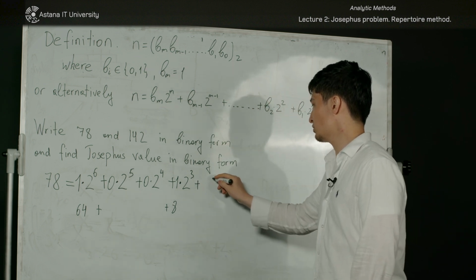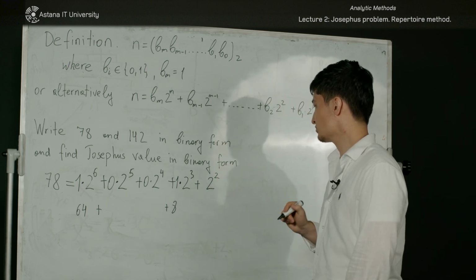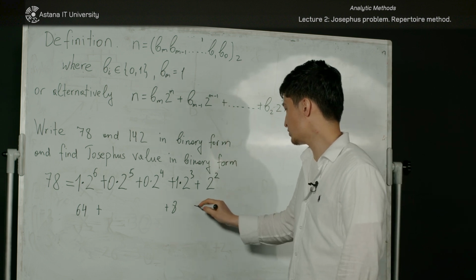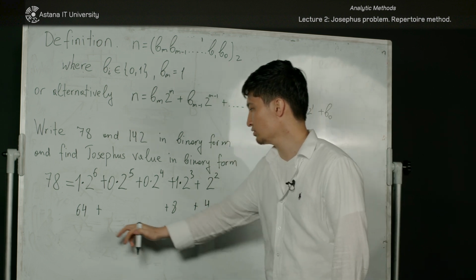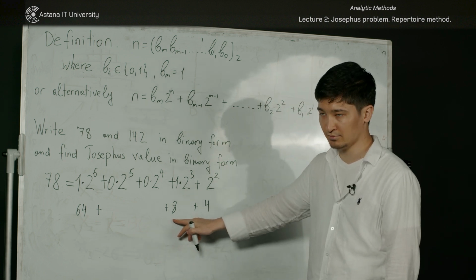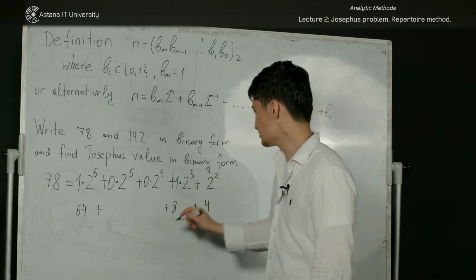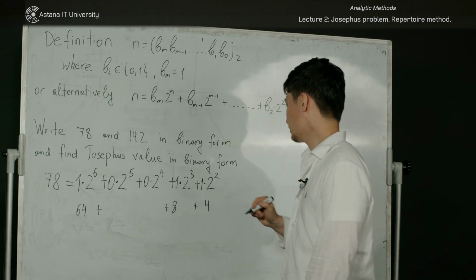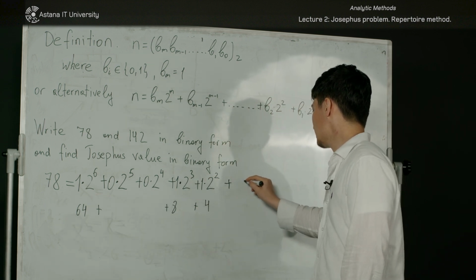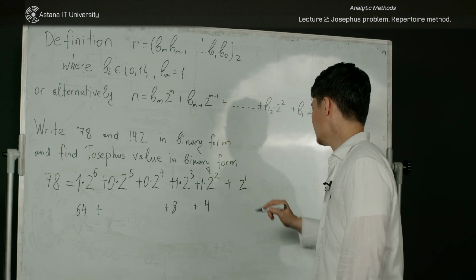Next is 2 to the power of 2, which is 4. So I have 64 plus 8, 72, plus 4, 76, still less than 78. So I will count it, and I will put 1. Next is 2 to the power of 1.